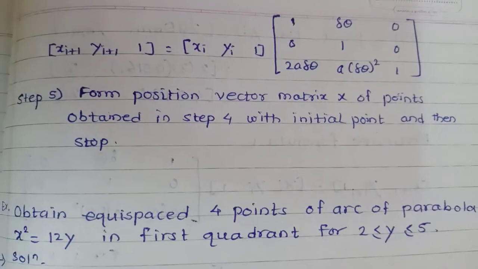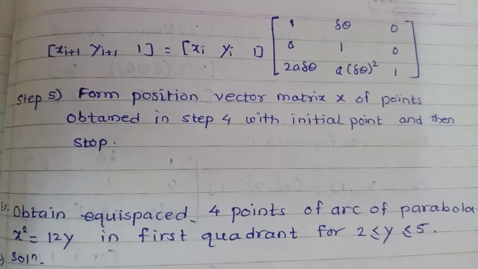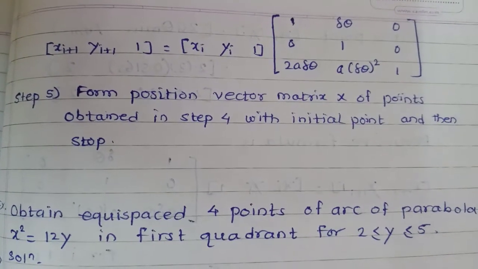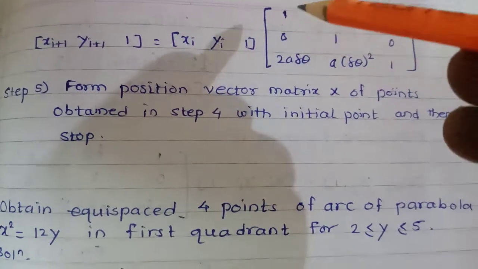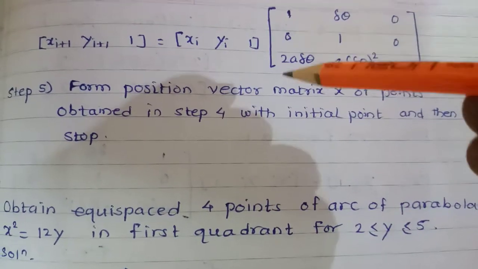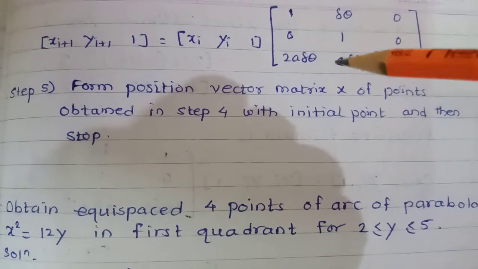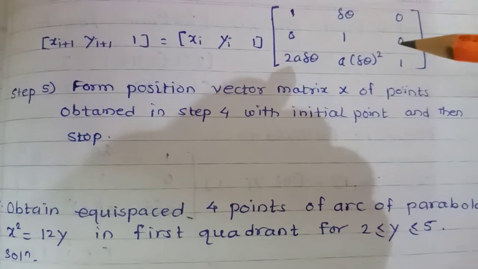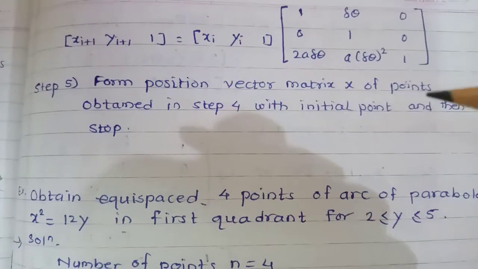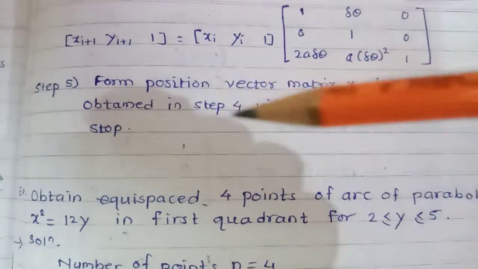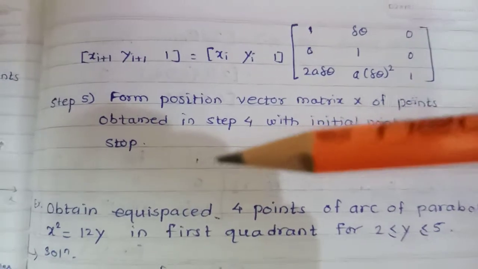For the parabola symmetric about the x-axis it has one recursive formula, and for symmetric about the y-axis it has a different recursive formula. So here the first column of that matrix becomes 1 0 2a delta theta, then 1 2 delta theta 1, a delta theta squared 0 0 1. And the last step is to form the position vector matrix X of the points obtained in step 4 with the initial point, and then we stop our procedure here.